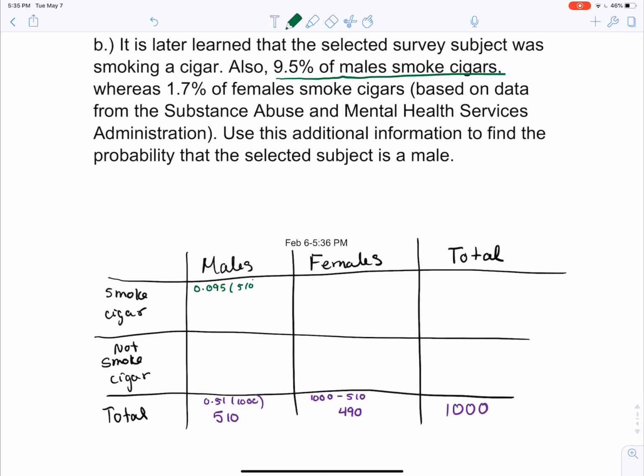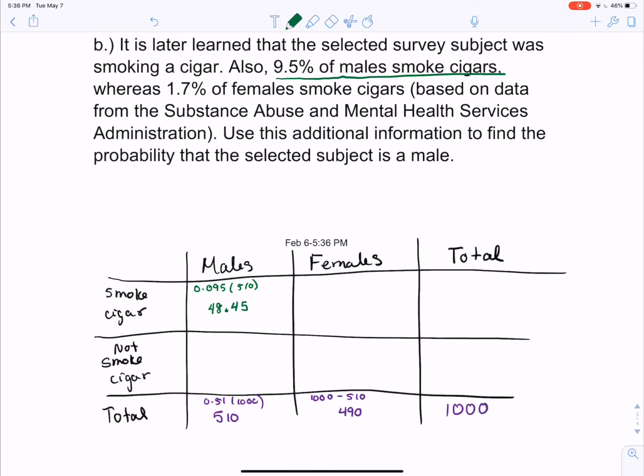So I'm going to multiply by the 510 total males. That gives me 48.45. Do not round, because if we had picked a larger total number, if we had picked 10,000 or 100,000 or 1,000,000, we wouldn't have decimals after, or numbers after our decimal point. So we never round when we're using Bayes' theorem.